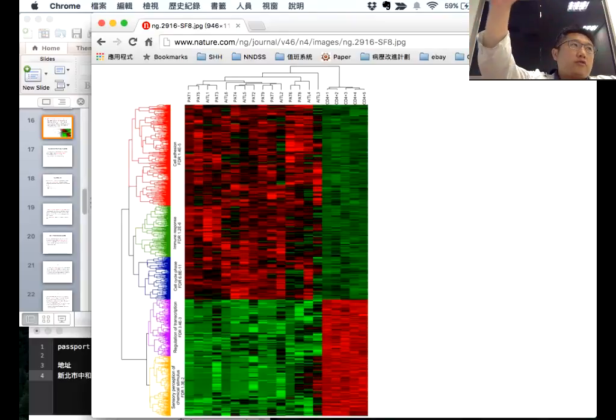The point is first you use clustering to group them into 5 groups. Then if these 5 groups can be agreed by the clinician as reasonable, then you have already derived the knowledge.